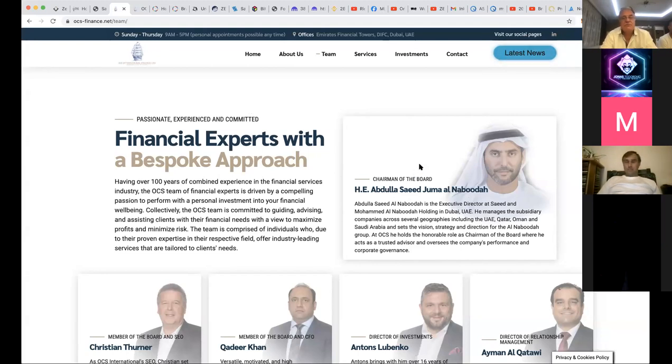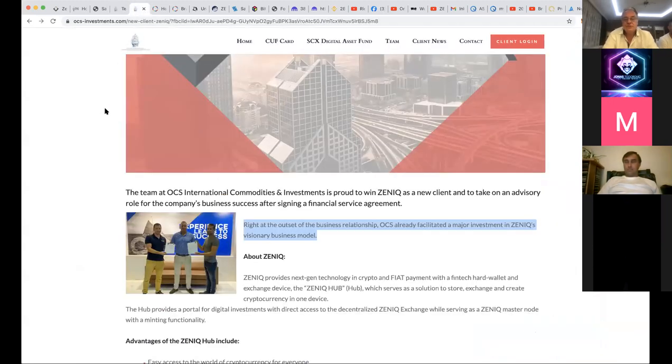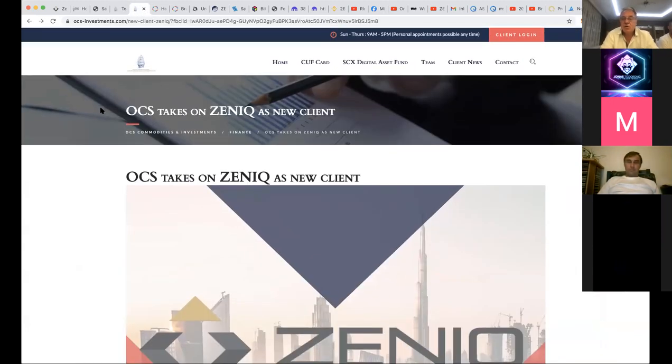The royal family of Dubai is not directly connected to ZENIQ, Sapphire, or the bank, but they anyway have a relative connection. When I first looked at this and saw that OCS takes on ZENIQ as a new client, I understood that this is a public announcement that comes from the banking partner, not from ZENIQ or Sapphire.